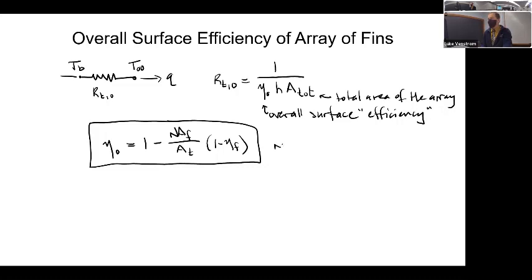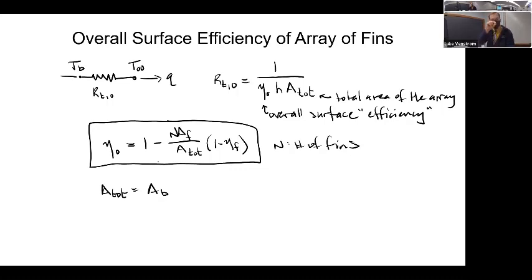You need, N is the number of fins in the heatsink. Okay, area AF is the area of a single fin, AT is the total area, and this is the single fin efficiency. Okay. The total area of the array we get by calculating the area of the base, which doesn't have fin on it, right?